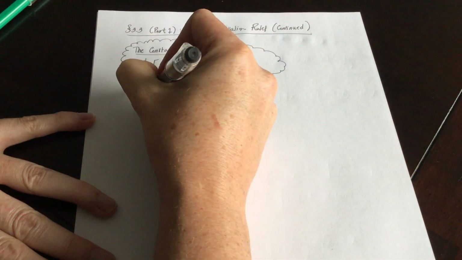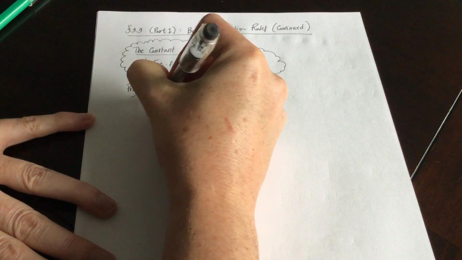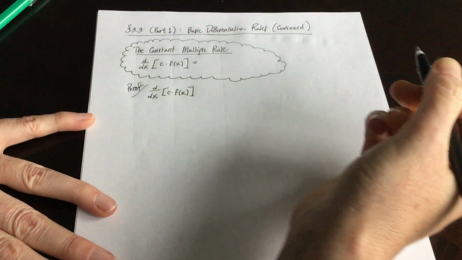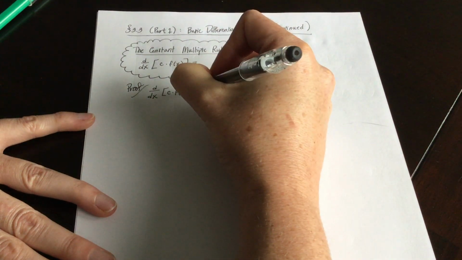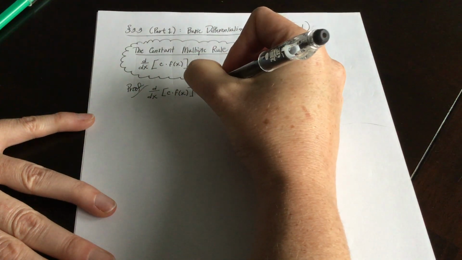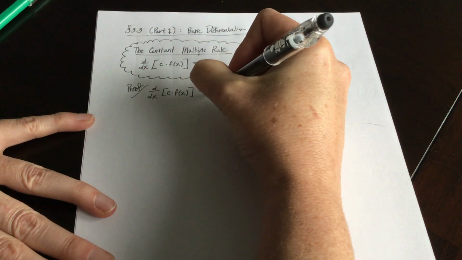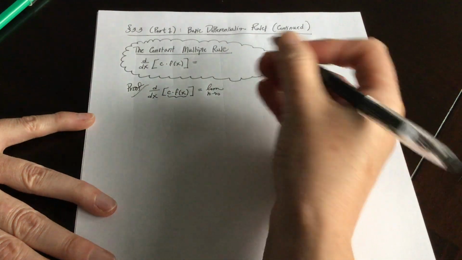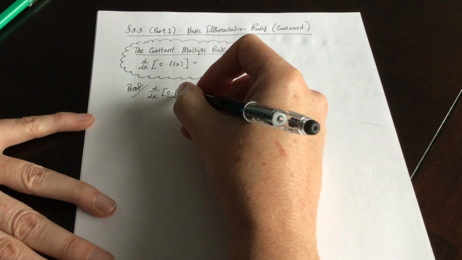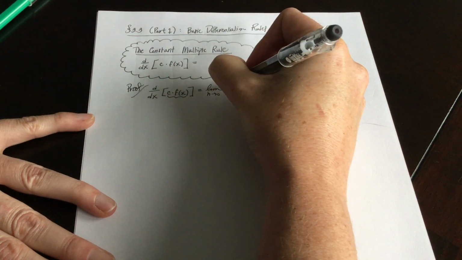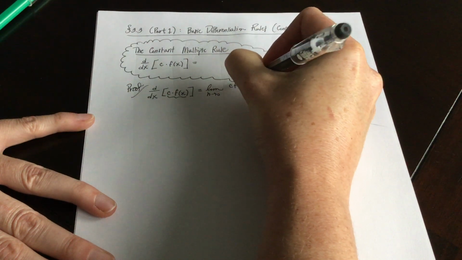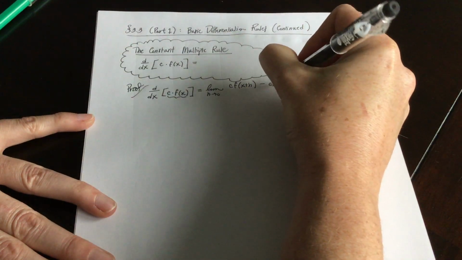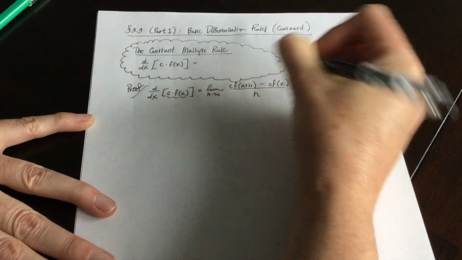If you're taking d dx of a constant times a function of x, then if you were to apply the definition of derivative, you would get the limit as h approaches 0 of, if this is the function rule you're taking the derivative of, then this function rule with x plus h subbed in would be c times f of x plus h minus the original function as is, c times f of x, all over h.